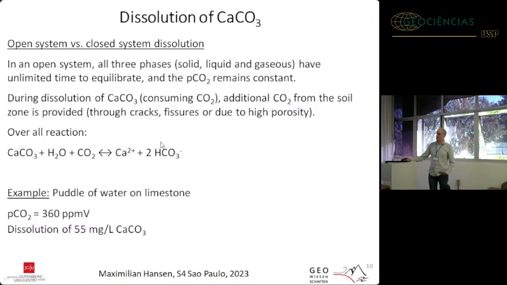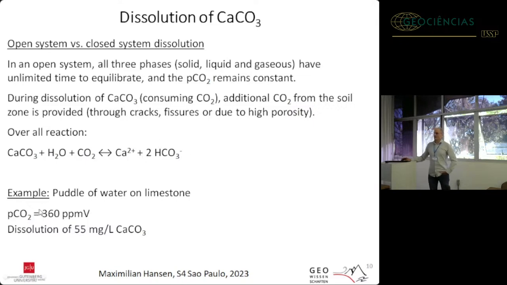This means the overall reaction would be, this is the summary of all the equations I showed you before. You have CO2 in the water, you have water and calcium carbonate, and if the pH value is low, the reaction goes in that direction. So you have the formation of calcium and two bicarbonates.